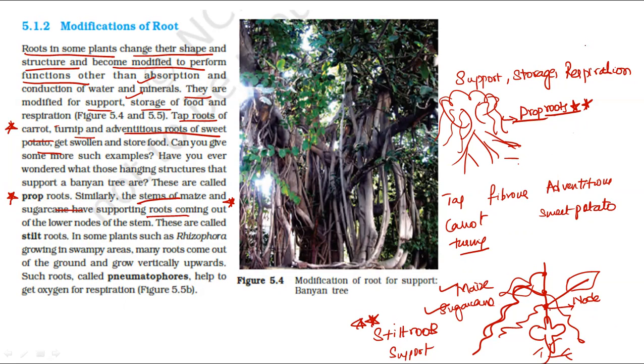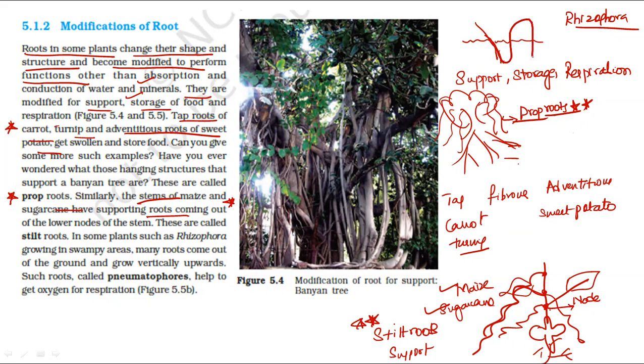Now, in some plants, such as Rhizophora, which can be seen in swampy areas like wet water areas, the roots go down, and in this area there is no oxygen. But in order for this plant to survive, it needs oxygen.